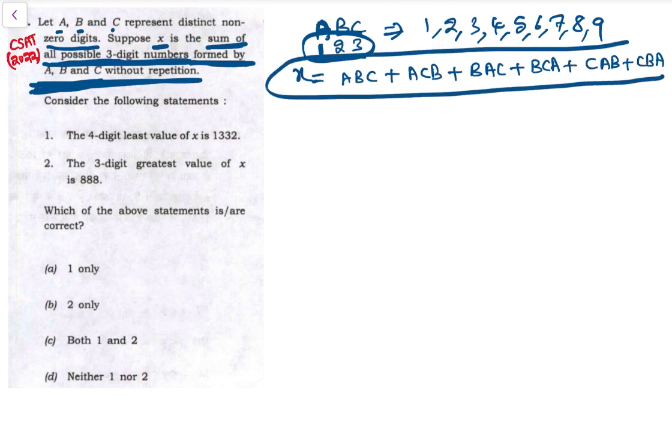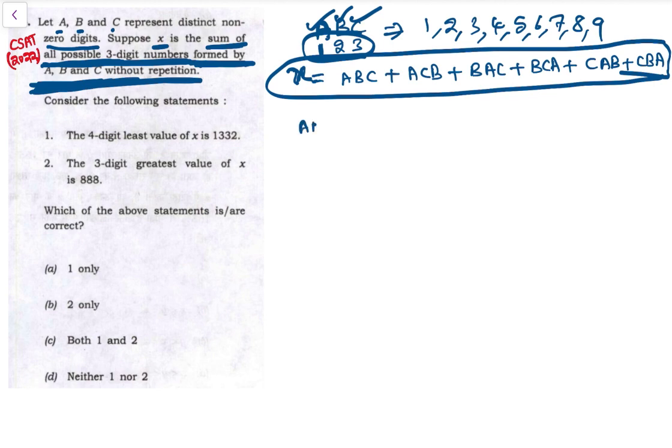x इज इक्वल टू सम ऑफ ऑल पॉसिबल 3 डिजिट नंबर्स फॉर्म्ड बाय ए बी सी विदाउट रिपीटिशन. ठीक है, ए बी सी यूज करके कितने भी पॉसिबल नंबर्स हो सकते हैं वो सम में वो x है.